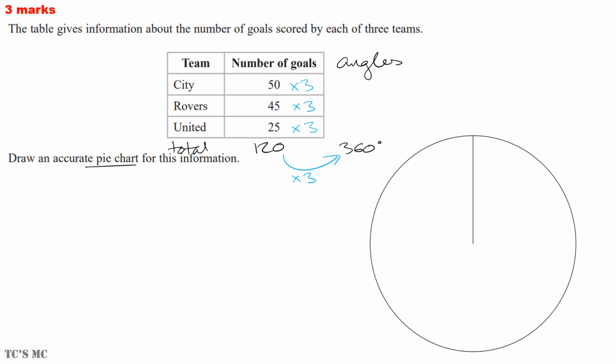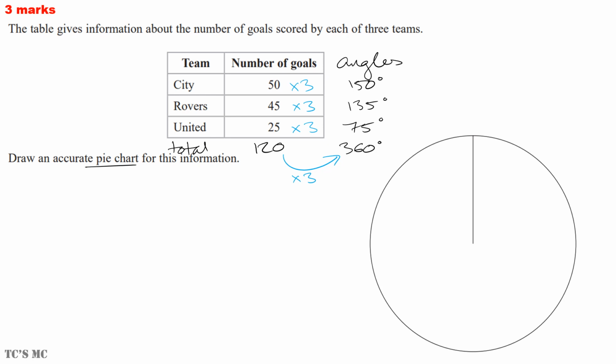And now we have 1 mark. Our angles should be 150 degrees, 135 degrees, and 75 degrees. All of them should add up to 360. We now have our second mark.